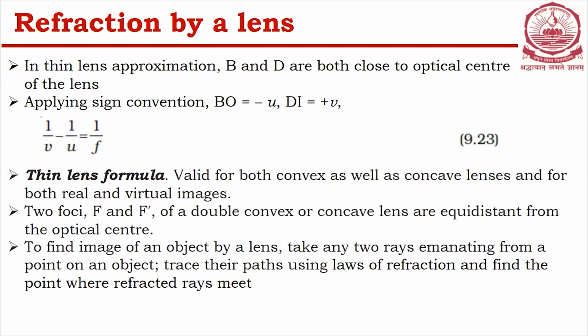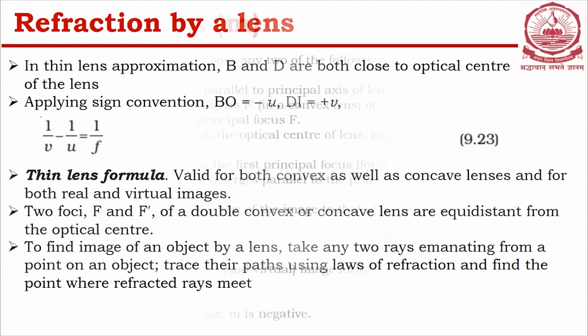So this is regarding the Lensmaker's equation. You consider refraction through spherical refracting surfaces, the first face and the second face, add those two equations, rearrange them and apply the sign convention, and you will get the Lensmaker's equation.